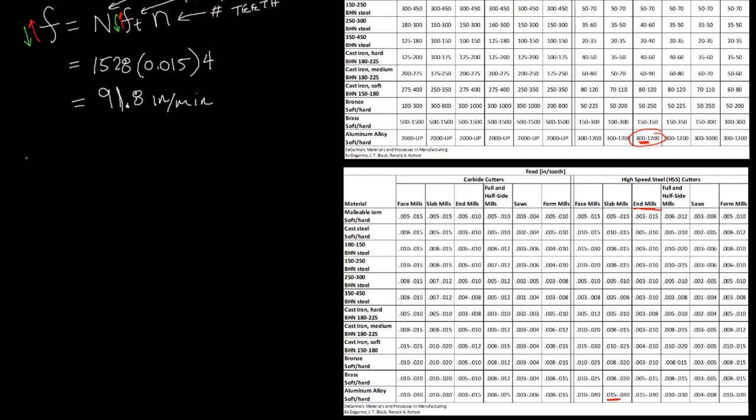MRT, material removal time, is equal to, and we want minutes as our unit, the length of the cut divided by the feed rate in inches per minute. So this is in inches, and this is in inches per minute.